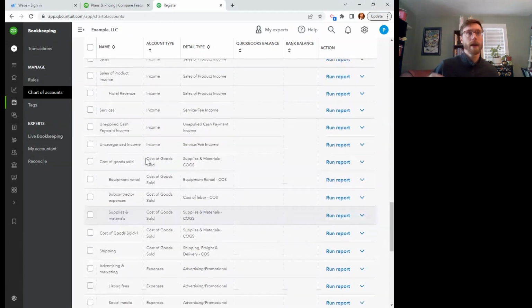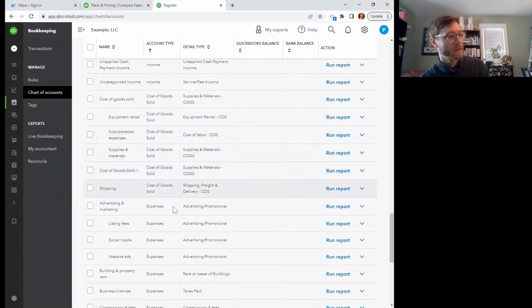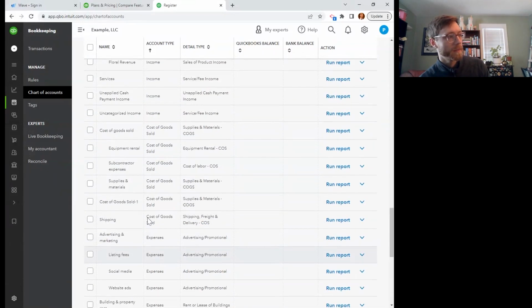If you're planning for next year, you can really understand which of your expenses are going to grow right along with revenue and which expenses might stay the same or behave differently. So that's the idea behind differentiating cost of goods sold and expenses.